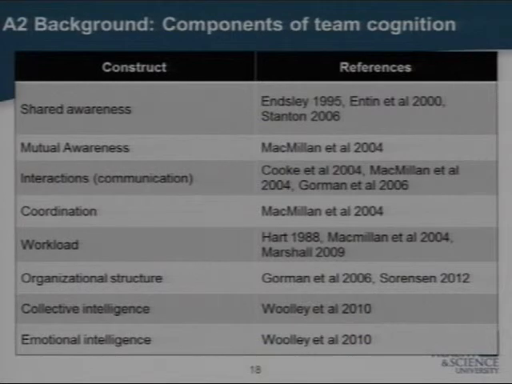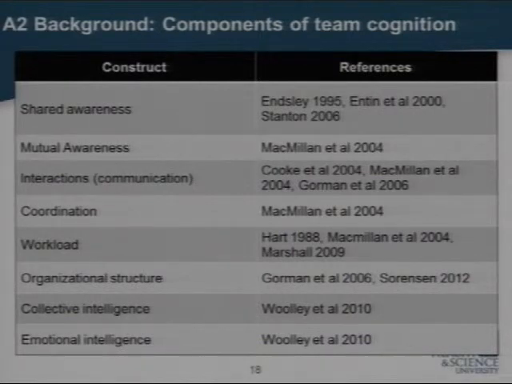That is, they agree that this apple is red or that it's a windy day. Now, mutual awareness is a particular construct in which people are attending to one another and they're aware of what another person is doing, but they may not necessarily be aware of what that person is attending to.